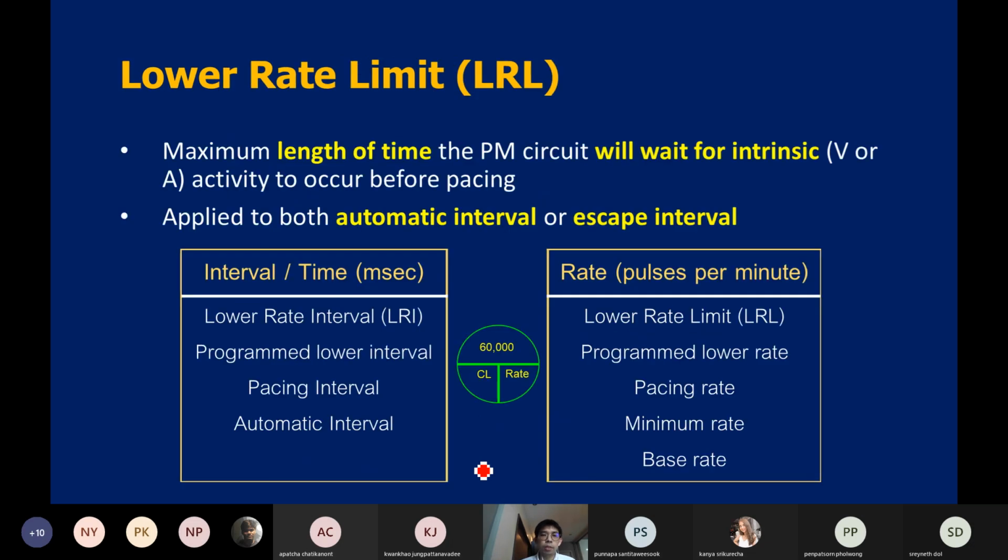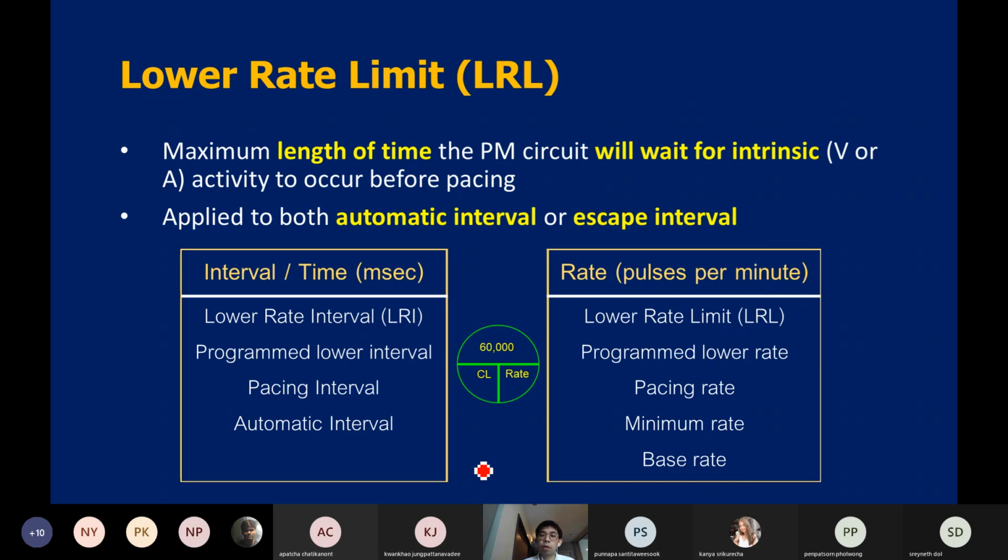Okay. Other terms that you need to know is lower rate limit. Lower rate limit is the lower rate that the pacemaker should pace, or we can call it the maximum length of time that the pacemaker circuit will wait for the intrinsic V or A activity to occur before pacing.